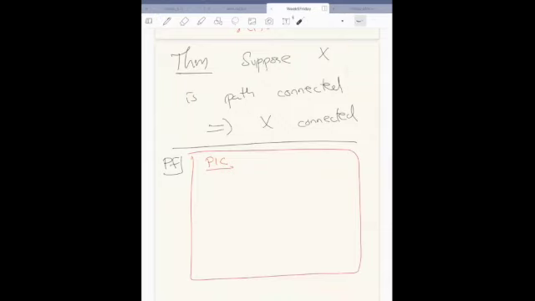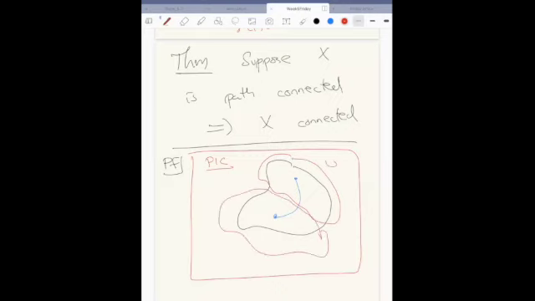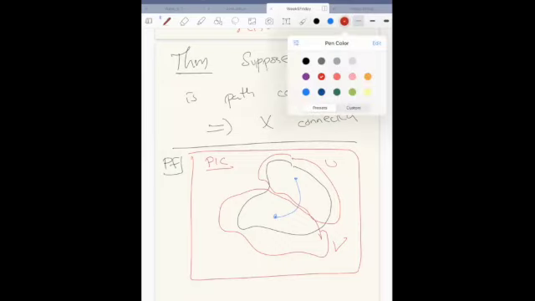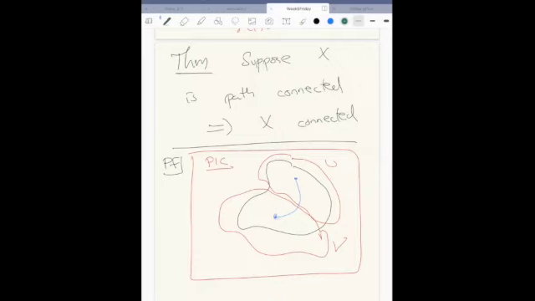Now, how do you understand this proof? What's happening? You have your space X, and it's path connected, so every point can be connected by a curve. And let's suppose we have our hypothetical decomposition into U and V that would have trivial intersection and be non-empty in this case. Now the problem is that this whole curve, if we restrict attention to that, it would have to cross the boundary somewhere.